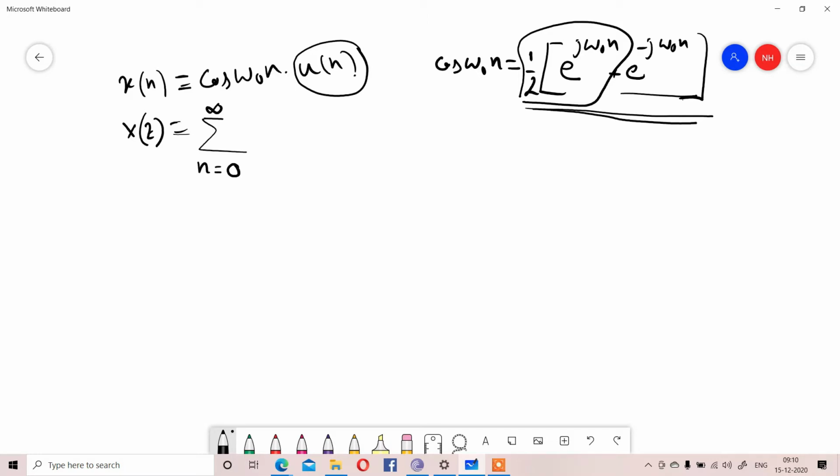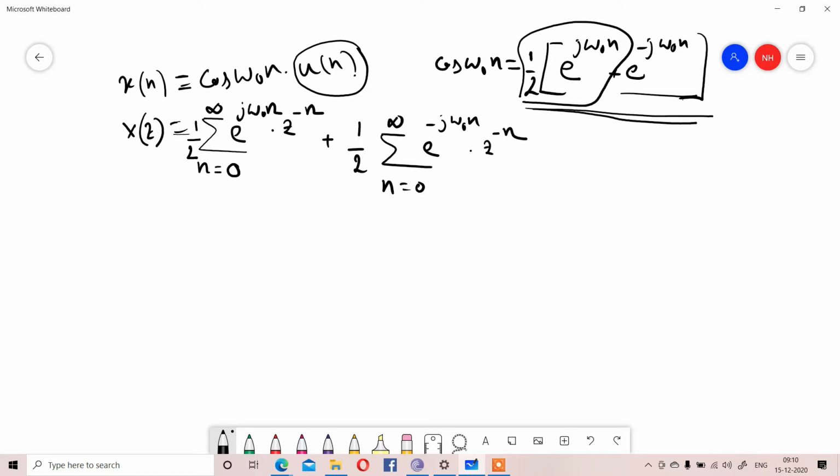So half will be outside: the sum of e to the power jω₀n into z to the power minus n, plus for the second case half, n equal to 0 to infinity, e to the power minus jω₀n into z to the power minus n.